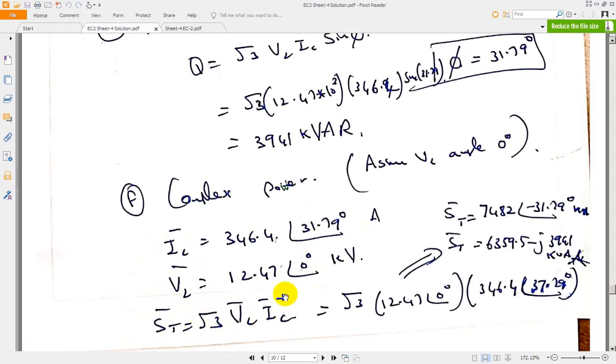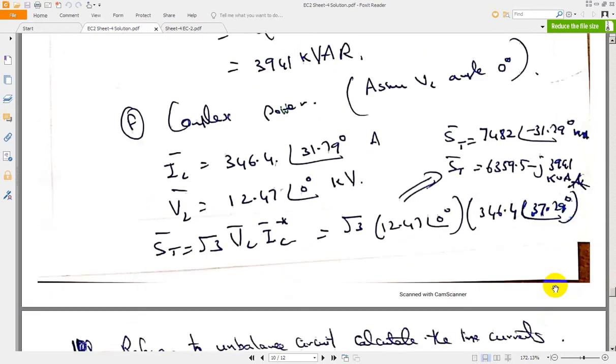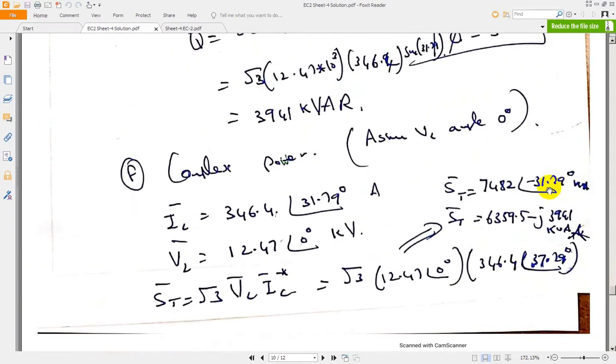We got the VL value and the IL magnitude, and the power factor is 0.85, which is at an angle of 31.79. So we take that angle here. Conjugate means the angle becomes negative, so the value is 7482 at an angle of minus 31.79. If you evaluate it, you will get 6359.5 plus j3941 kVA.